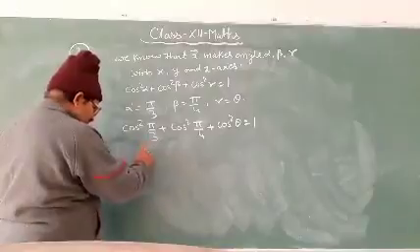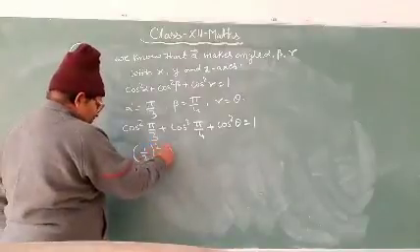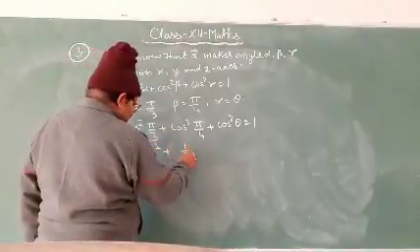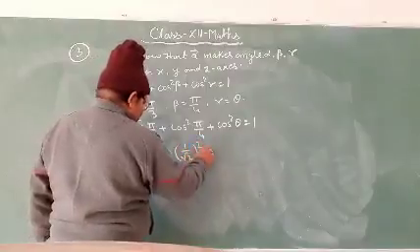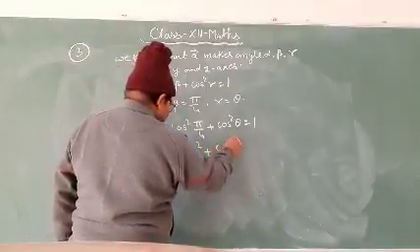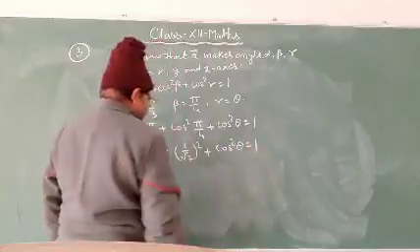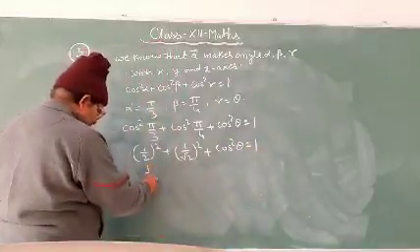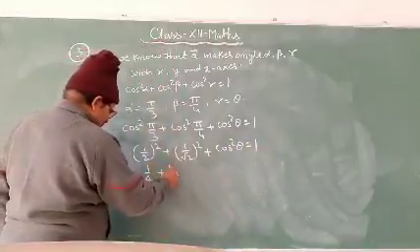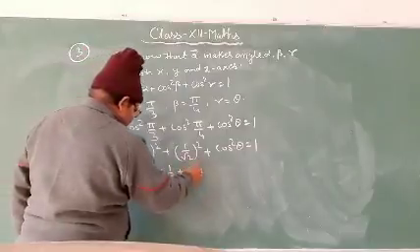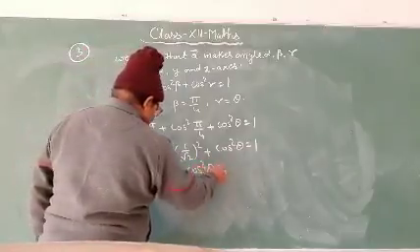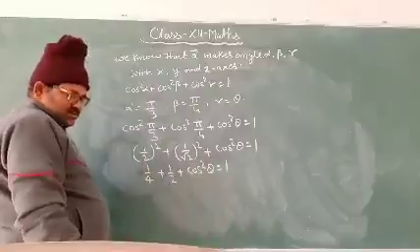So (1 by 2) square plus (1 upon root 2) square plus cos square theta equals 1, that is 1 by 4 plus 1 by 2 plus cos square theta equals 1.